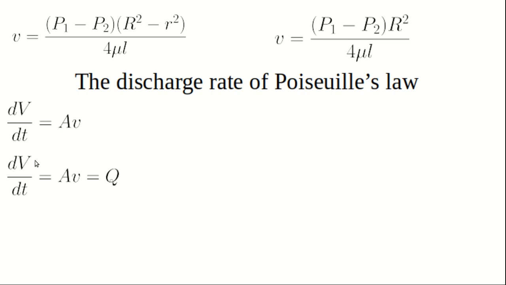So there's a connection between the amount of volume that is discharged per time and the area times the velocity, so we can say it's equal to Q. We can discard this one and concentrate on these two moving forward. So at this point, if we find a small change in Q, it must be equal to what? The velocity times the change in area.